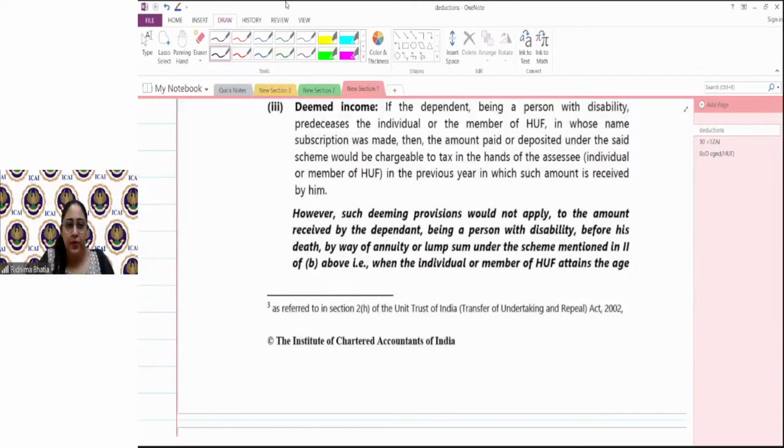There are proper guidelines under section 80U which talks about disability. So disability can be anything. Dependent disability means that a person is suffering from disability and is also dependent for his day-to-day expenses and maintenance on the assessee. That is called dependent disability.